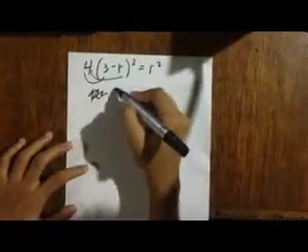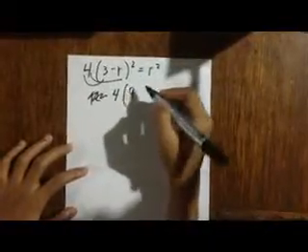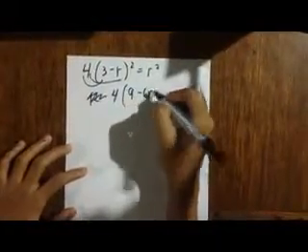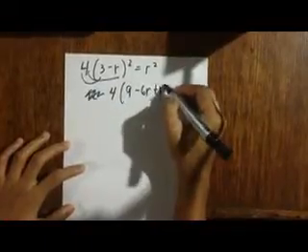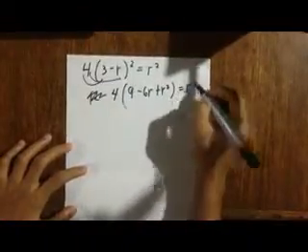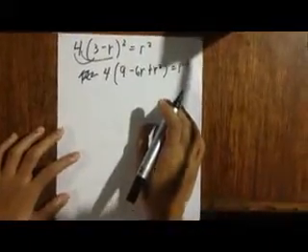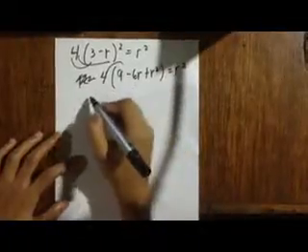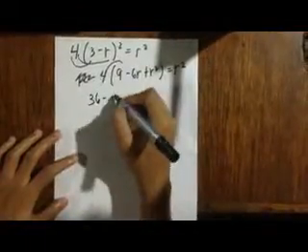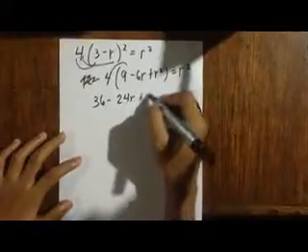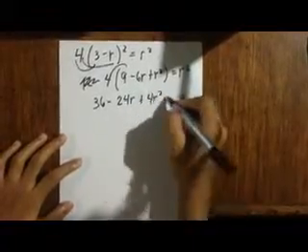So 4 multiplied by, so simplifying, 9 minus 6R plus R squared is just equal to R squared. And then distributing 4 to the equation, we have 36 minus 24R plus 4R squared is just equal to R squared.